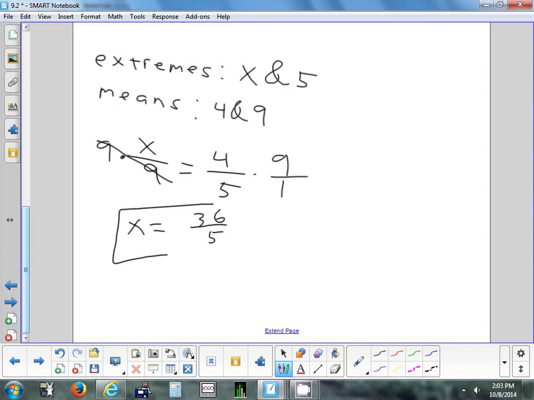We're not doing any kind of cross multiplying yet. We were just multiplying fractions straight across. Okay, so I'm showing you that you guys already know how to solve basic proportions.